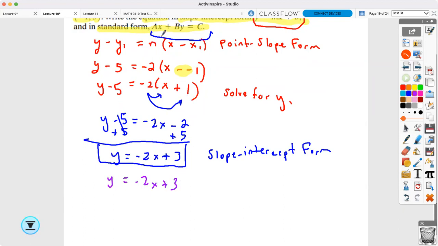Now to get into standard form, we have to move what over to where, guys? Any guess or ideas? Remember, standard form is ax plus by equals c, where a, b, and c are numbers. What is our objective? To move what two things on the same side? What am I going to do?